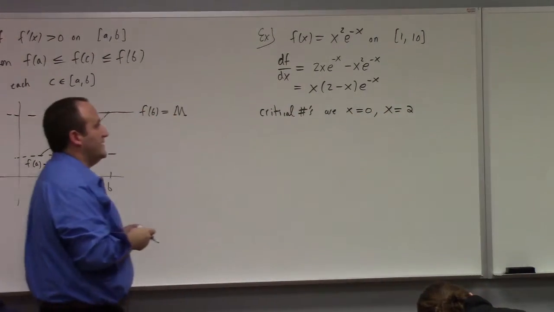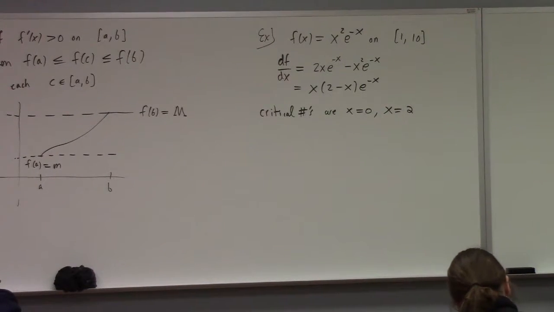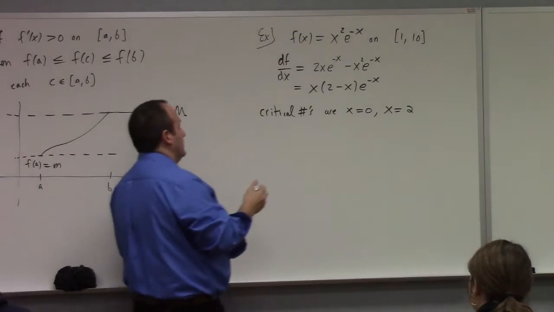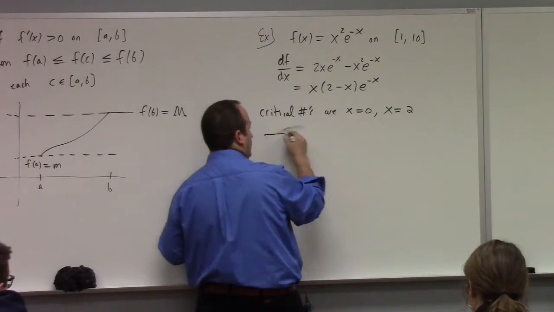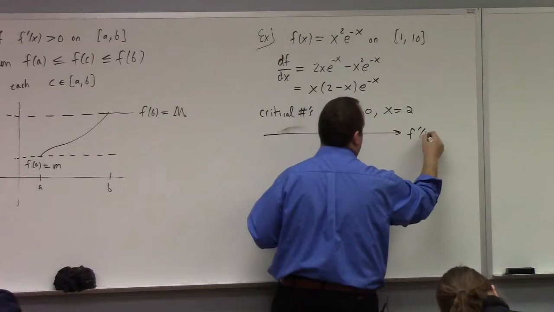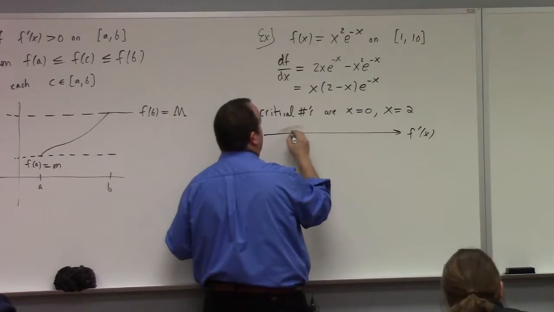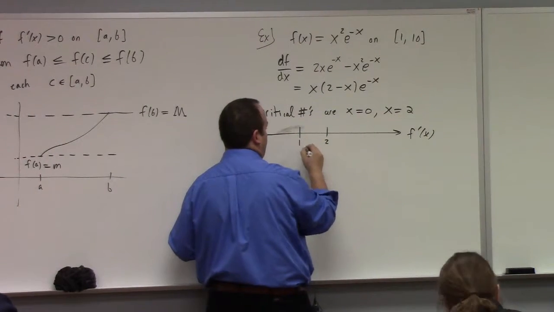Now, we're interested in the interval 1 to 10 in this problem. So 0 doesn't matter. 0 is outside the domain of consideration. So what matters here is what? Yeah, 2. So we can look at the derivative, f prime of x. Here's 2, here's 1.